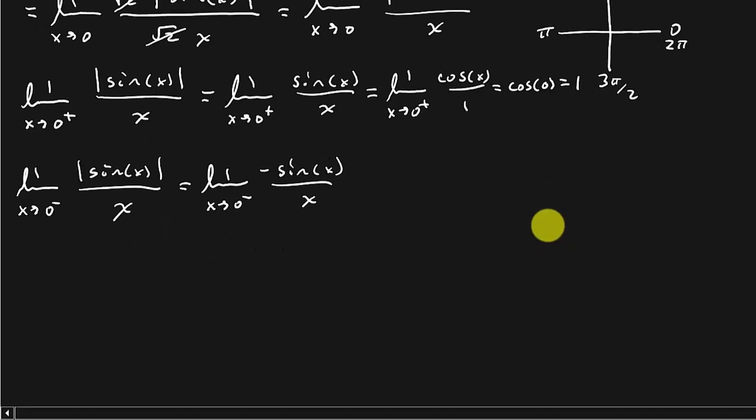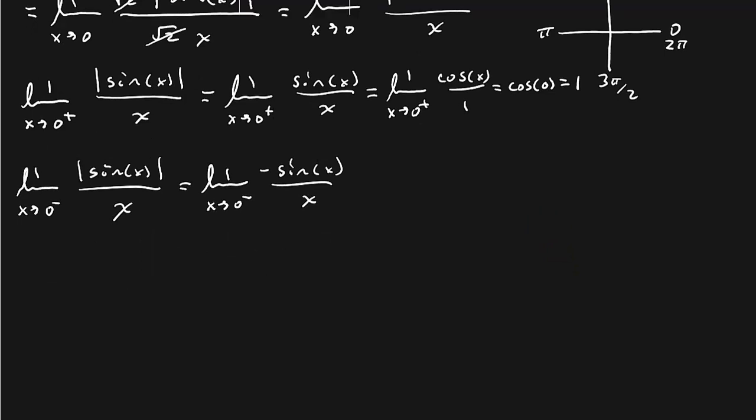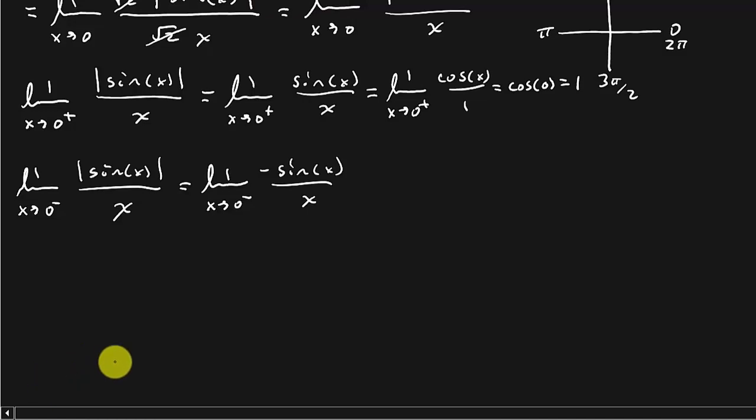Now, where did that come from? Well, if you remember, the absolute value of x is equal to x if x is greater than or equal to 0, and negative x if x is less than 0.